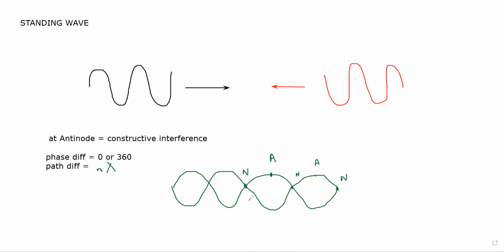Now the node is formed. The formation of a node means they cancel out the effect of each other, at the point where these two waves join. So at the node, there is a destructive interference. As you can see, the amplitude is 0.